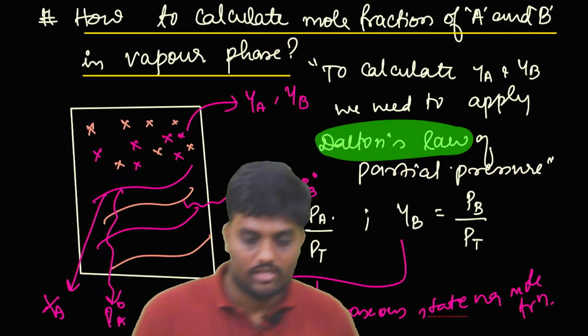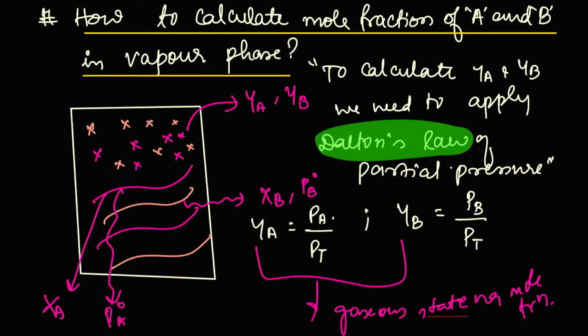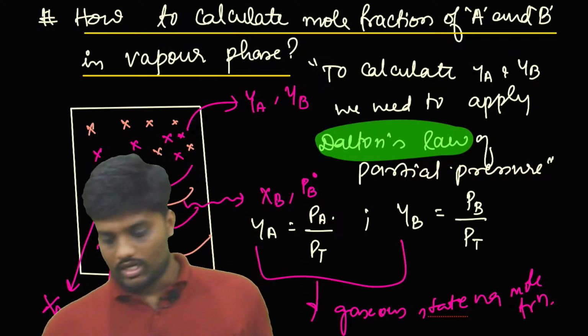Please see that. Whenever we calculate Ya and Yb, we need to apply Dalton's law of partial pressure. Total pressure is the same. That is represented by Ya and Yb. Psi a and psi b are the mole fractions in the liquid phase. Understood?